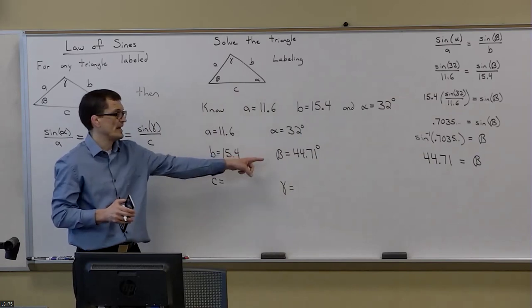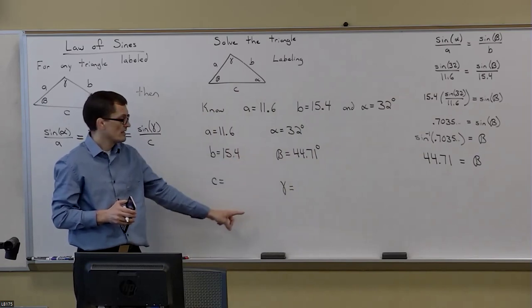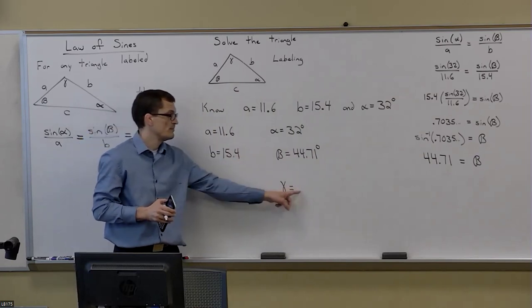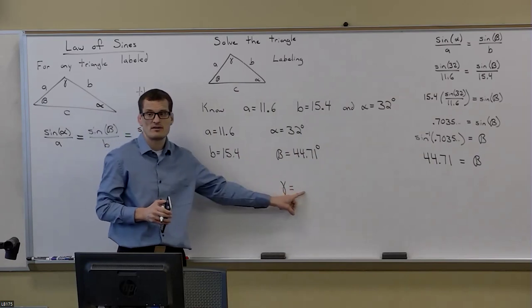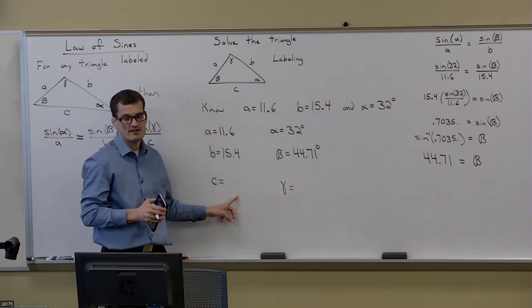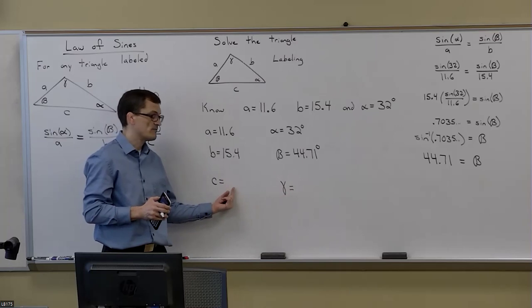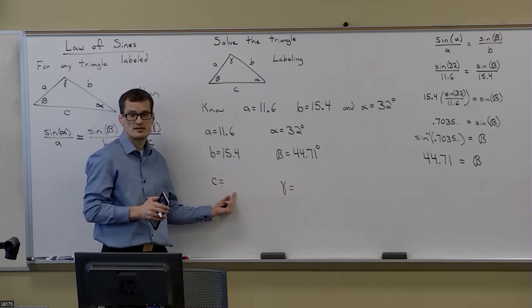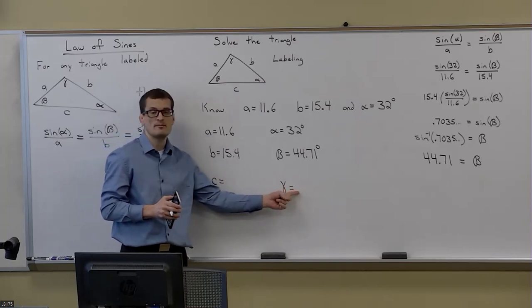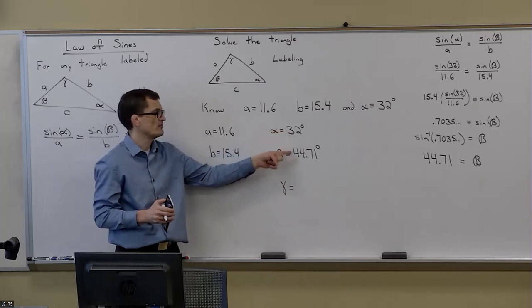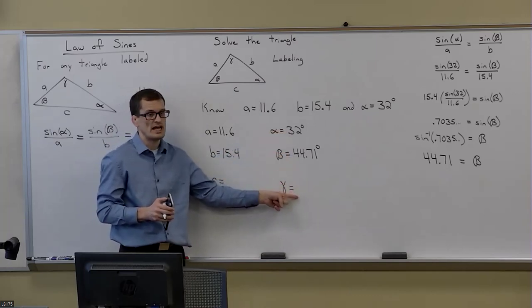Now I've found the beta. Now I go down to here. And I say, which one of these can I find now? I can't yet find the C. But I can find the gamma based on the fact that if you add up the angles, they should add up to 180 degrees.